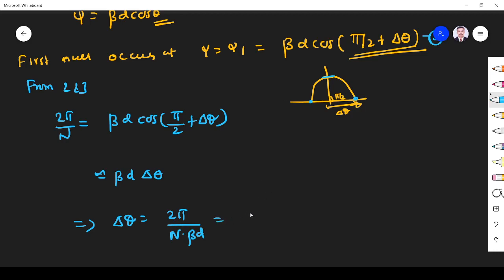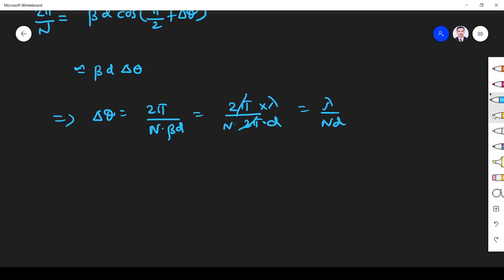So beta is equal to 2 pi by lambda; 2 pi by n into 2 pi by lambda, I bring outside into d. So that is equal to lambda by nd. So this is the beamwidth of the broadside array. The beamwidth between the first nulls is given by lambda by nd.